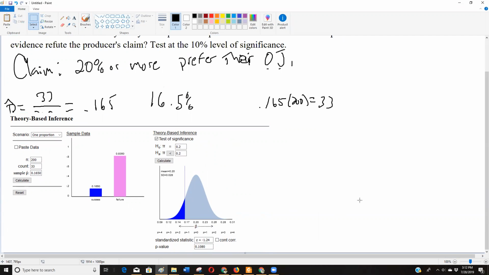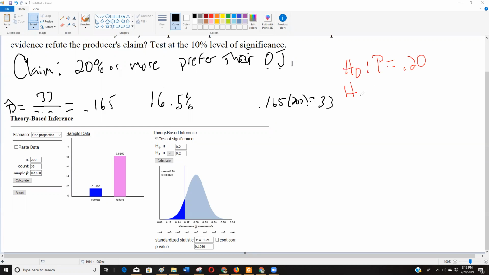I haven't done H0 and HA formally. I did here. H0 is the population proportion is equal to 0.2, but in English this really means 0.2 or better.